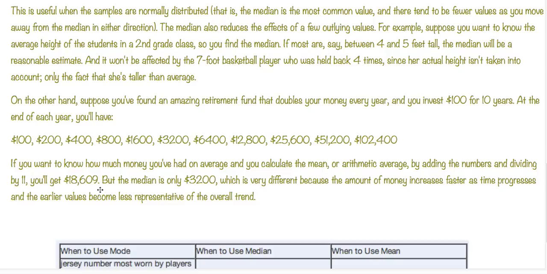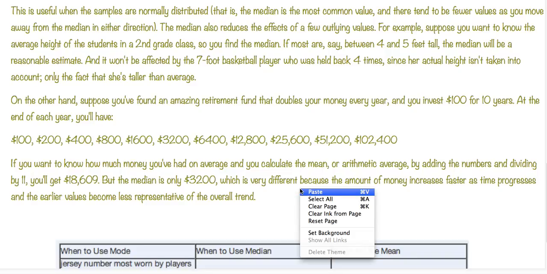But if you find the median, it's only 3,200, which is very different, because the amount of money increases faster as time progresses. And this is when your median will be very misleading if you have this type of data. So the mean would be the best way to do that.